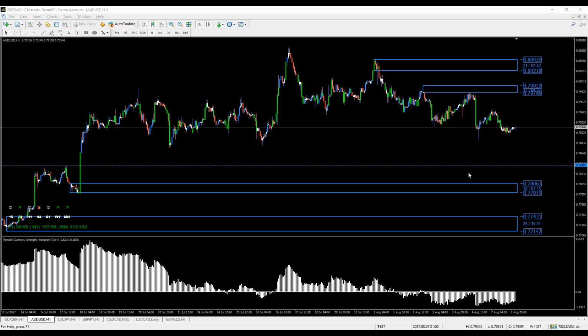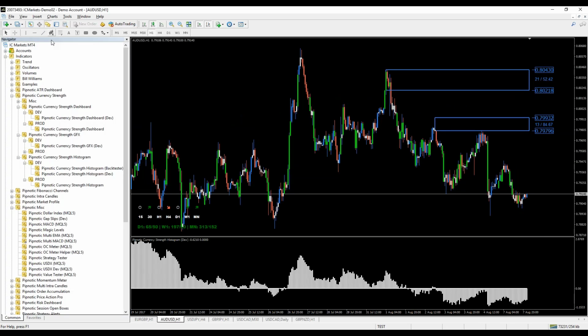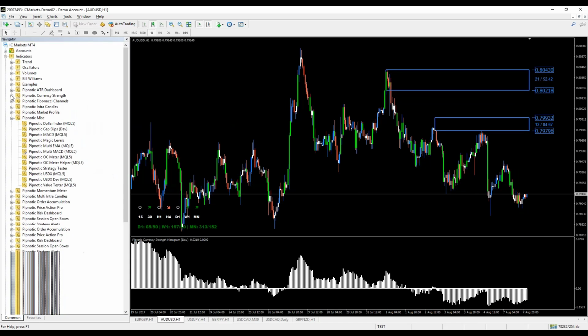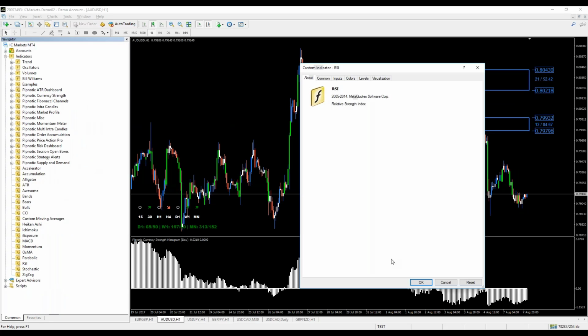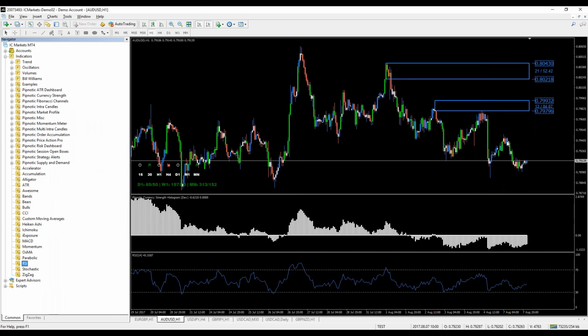Okay, but you can use it in any other way that you would use an oscillator. So if you want to put, for example, RSI or something else on there, you can use it in a similar way.